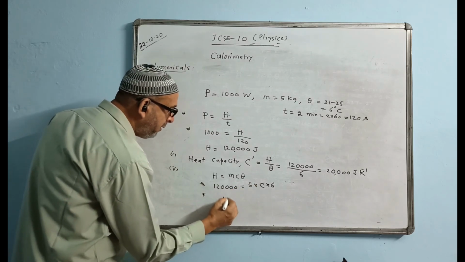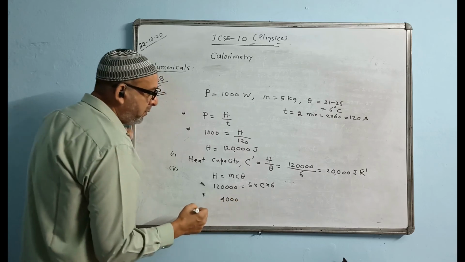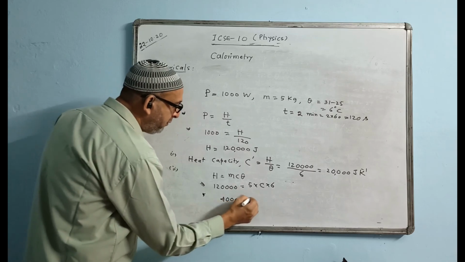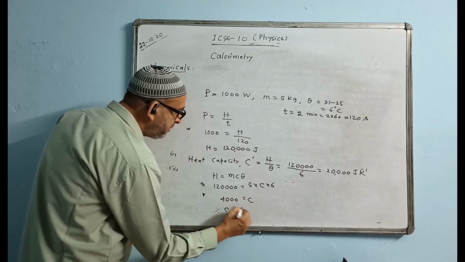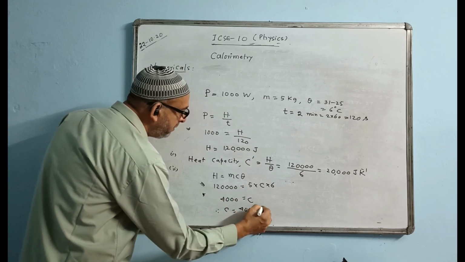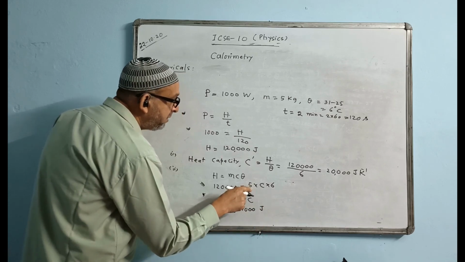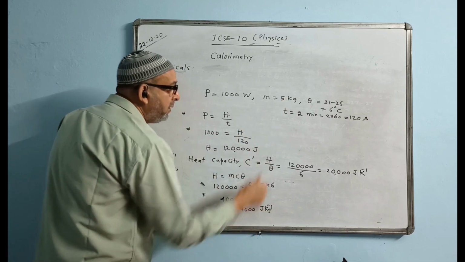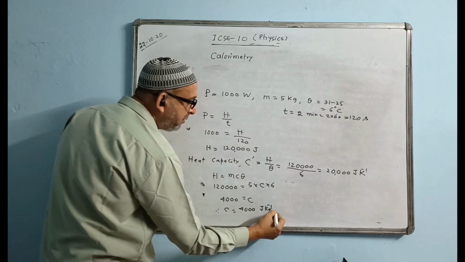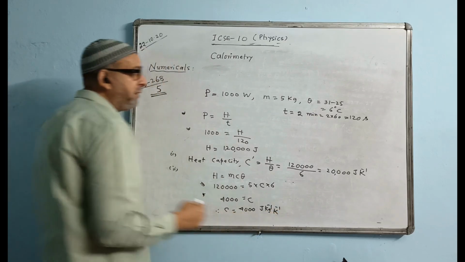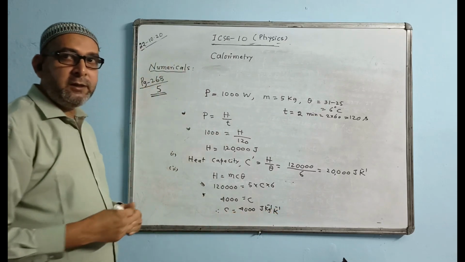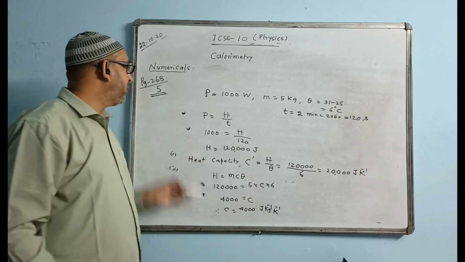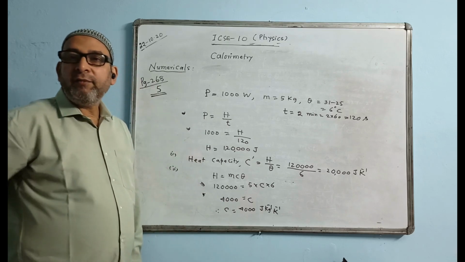It will become 4,000 is the value of C. Therefore, we can write the answer C is equal to 4,000. The unit will be joule. Mass is taken in kg, so kg minus 1, and for theta, degree Celsius, or in SI unit Kelvin minus 1, so joule per kg per Kelvin. So this is the solution for question number 5.